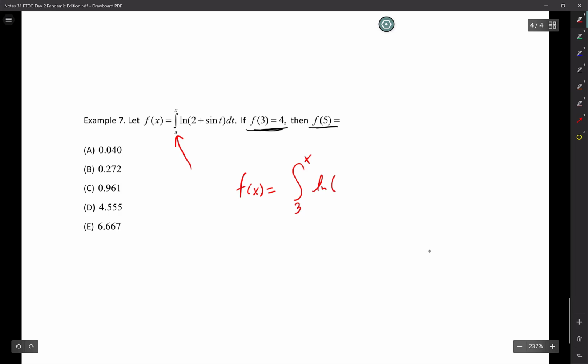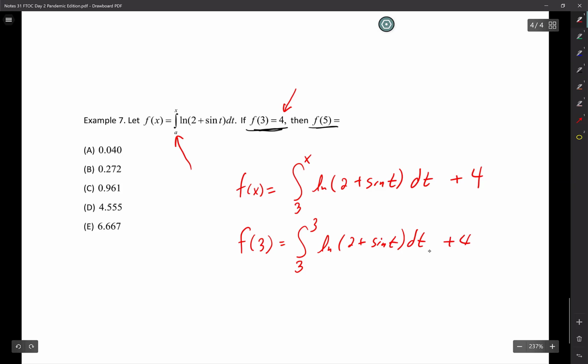Guys, put the lower limit as 3 because you're going to force this function to equal 4 when x is 3. So now look, I test it. If I plug in a 3, do you get a 4? Well, I don't know. Let's find out. 3 to 3 of ln of 2 plus sine t.